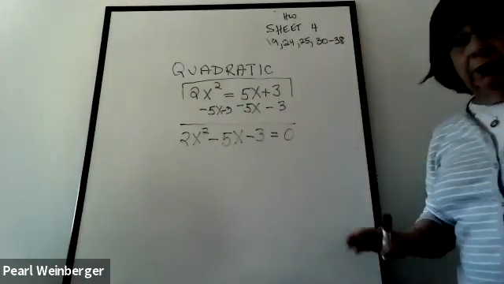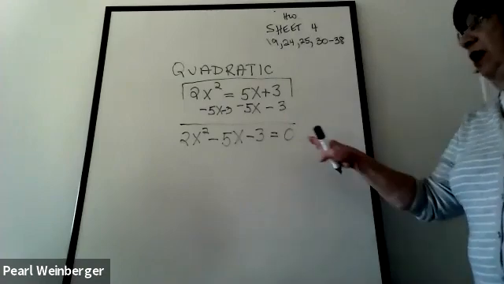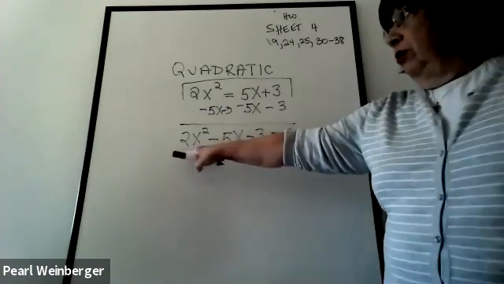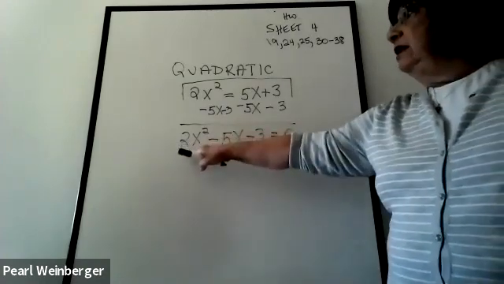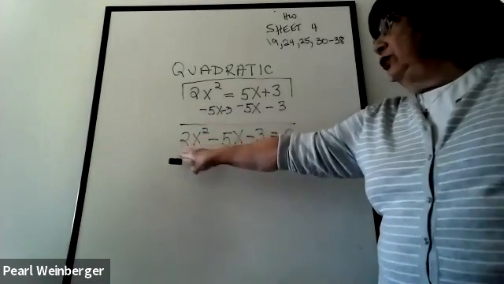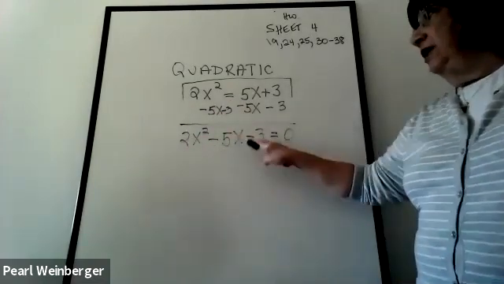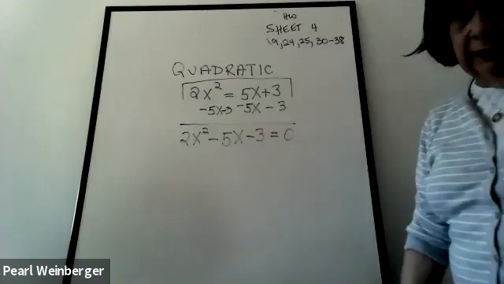I want to make sure that when I have my trinomial all on one side, it's in standard form with the x squared term first, the x, and then the number, which this is.